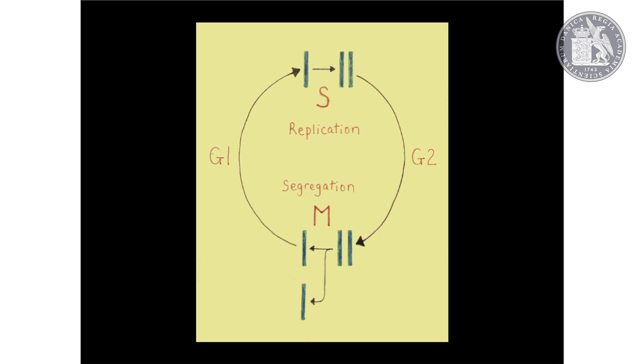So these two events have to occur precisely, they have to occur in this sequence, and they have to be perfectly controlled. And there are two other symbols up here I want you to note. One of them is called G1, the other G2. G1 is the gap at the beginning of the cell cycle, after cell division before S phase. G2 is the second gap after S phase and before mitosis. So that's the second reason why this process is important.